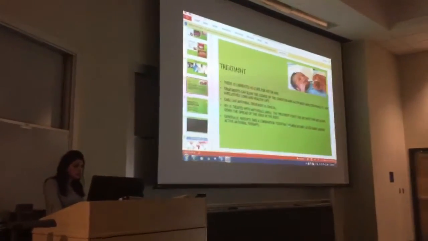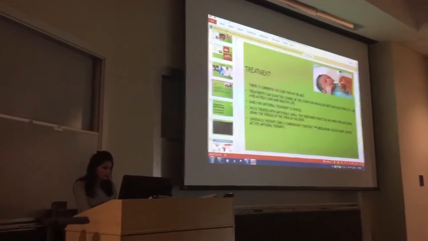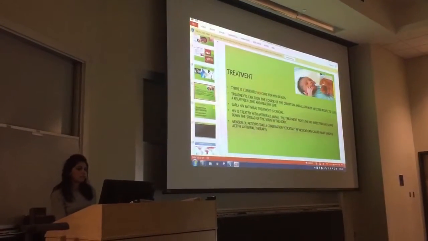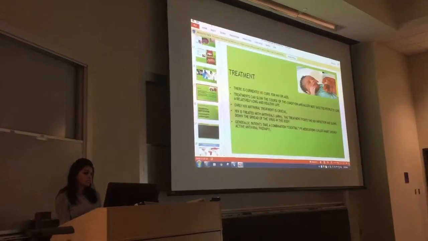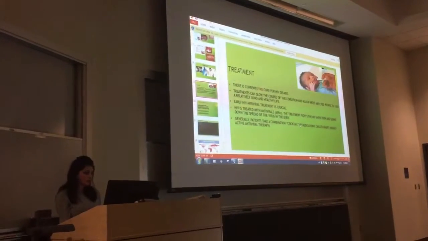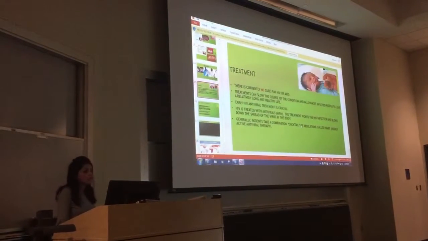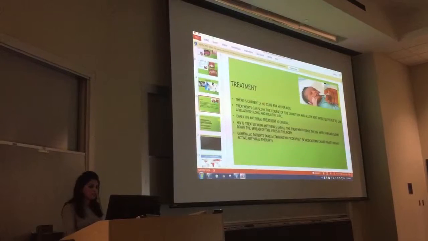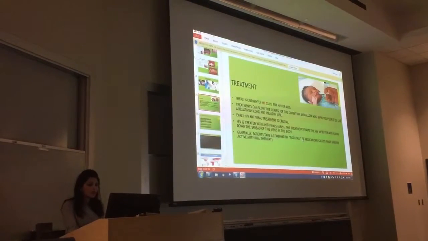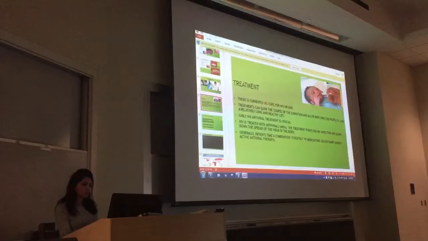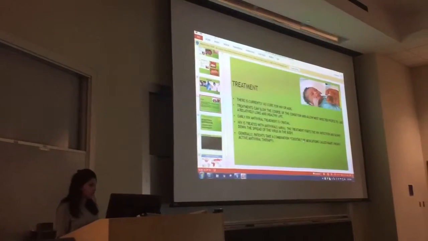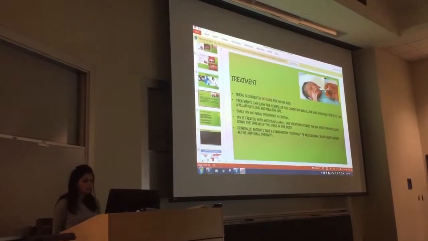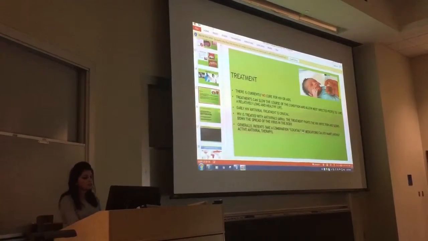There is currently no cure for HIV or AIDS. The treatments, as mentioned, can slow the course of the condition and allow most infected people to live a relatively long and healthy lifestyle. Early HIV antiviral treatment is crucial. HIV is treated, again, as mentioned, with antivirals. The treatment fights the HIV infection and slows down the spread of the virus in the body. Generally, a patient can take a combination cocktail of medications called HAART.